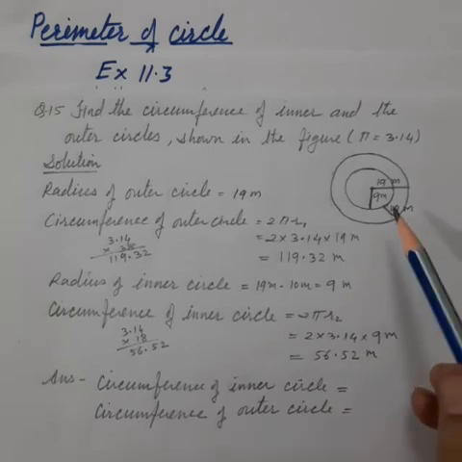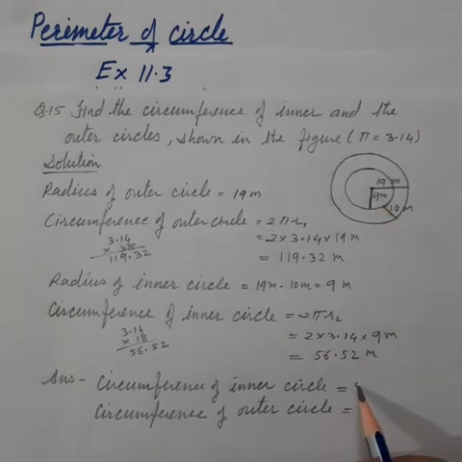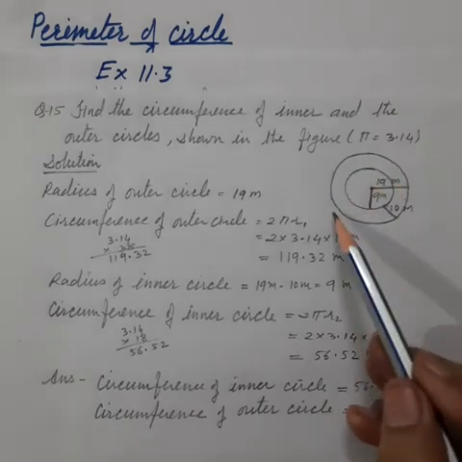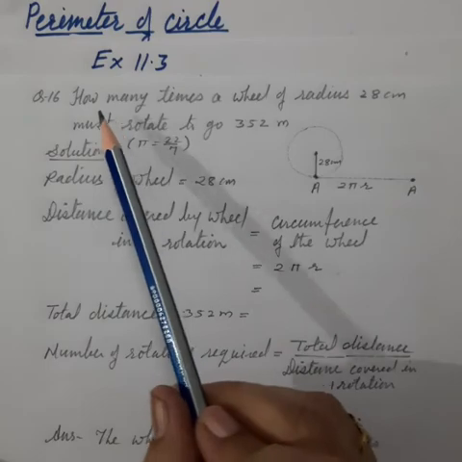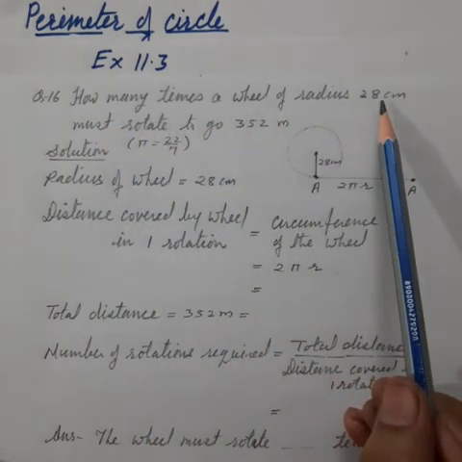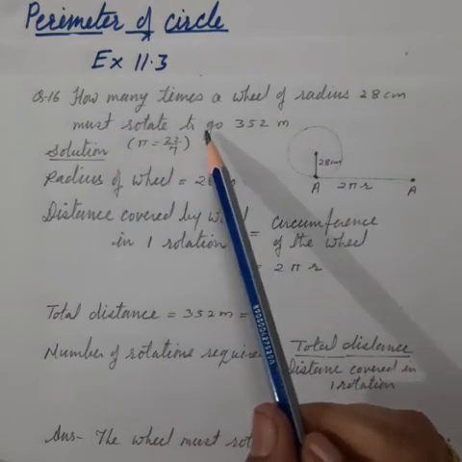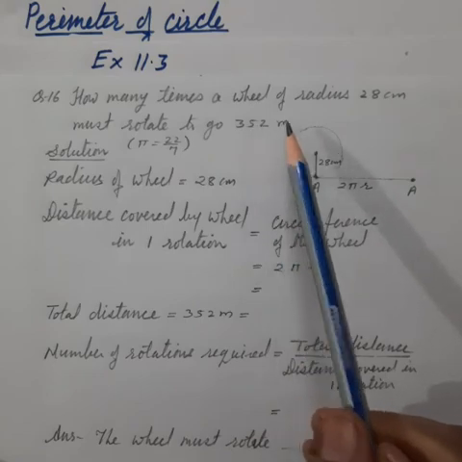So the circumference of the inner circle is 56.52 meter and the circumference of the outer circle is 119.32 meter. Question 16. How many times must a wheel of radius 28 centimeter rotate to go 352 meters?